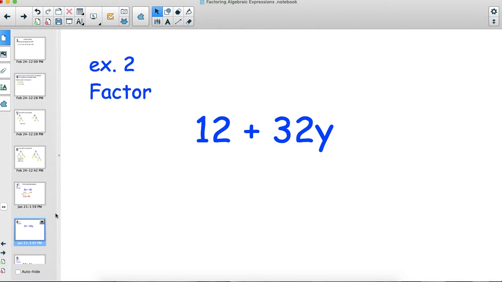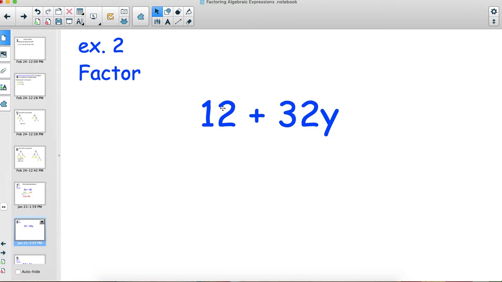All right, let's try example 2. Factor the expression 12 plus 32y. So pause this video, try it on your own, and then play it and see if you come up with the same thing. All right, I'm back.